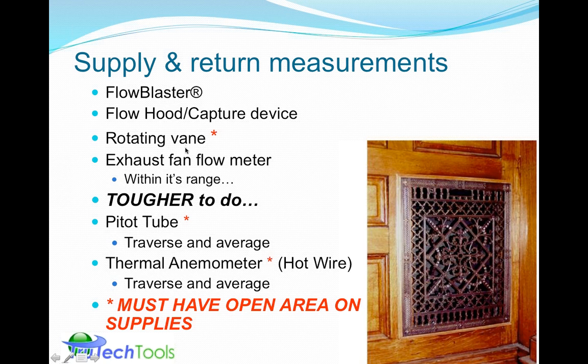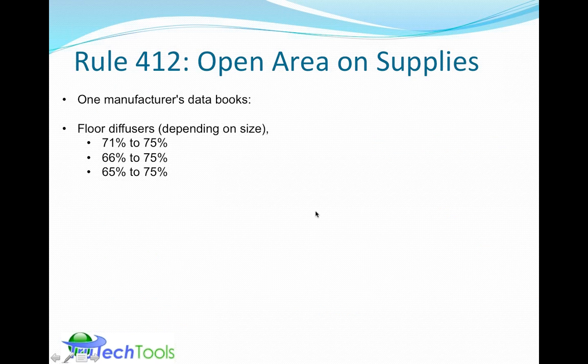With the rotating vane or the Pitot or the thermal anemometer, you must know the open area of this grill in order to do the calculation, because you have to determine what the air velocity is through the open area of the grill. So that can sometimes be one of those limiting points which makes it difficult to take an airflow measurement.